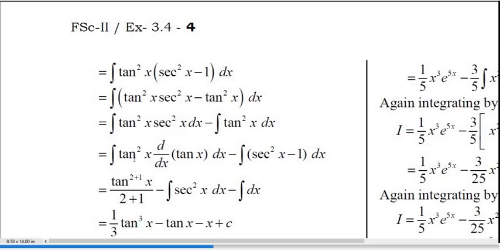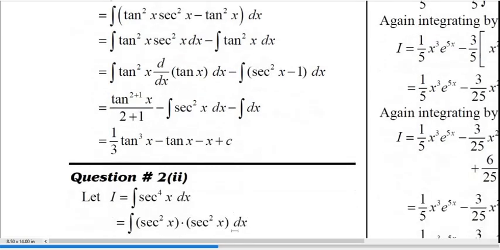That's why when we integrate such a function whose derivative exists, we apply the power rule, add 1 to the power and divide by that. Okay, tan power 2 plus 1 divided by 2 plus 1, minus integration of secant square x, minus integration of this 1. Integration of secant square x is tan x, we know that, which is tan x minus integration of dx, which is x, plus constant of integration.